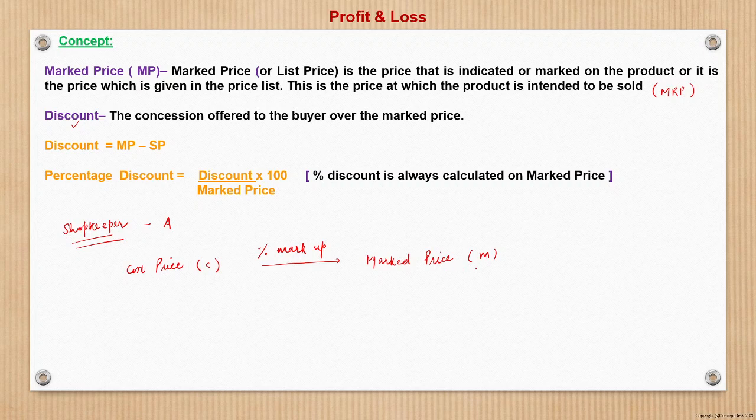Now what happens when a customer goes to the shopkeeper to buy that item? So he sees that there's an MRP of M. So over an MRP, he will typically negotiate with the shopkeeper, asking for some discount, some rebate, right? So the shopkeeper would in general give some discount over the marked price. So discount over marked price, say that be denoted by percentage discount, which is D%, and percentage markup, which is M%.